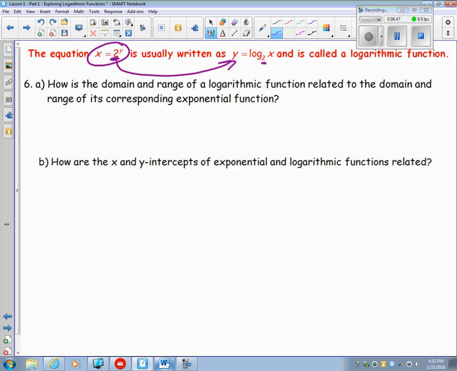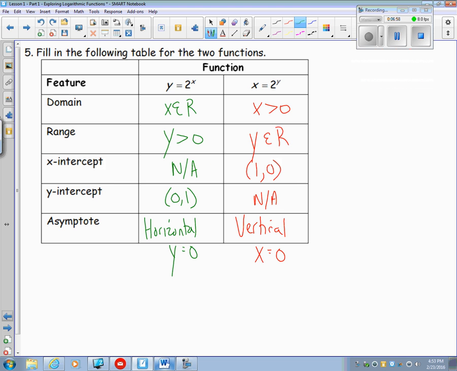Now, question 6 talks about how the domain and range of the function are related to the domain and range of the corresponding exponential function. Well, if you go back here, these two things look similar, as do these two. In fact, if you stop and think about it, they're kind of like opposites with one another.